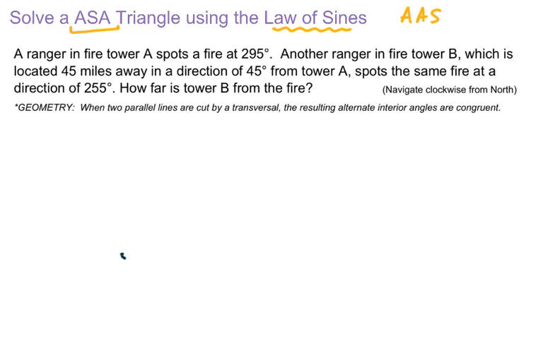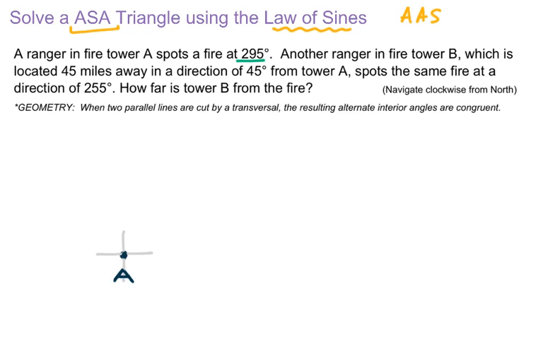I'm going to give myself some space for this. Here is Fire Tower A. I'm going to call it A. And so the ranger's in the fire tower and he looks off in an angle measure of 295. How am I going to measure 295?